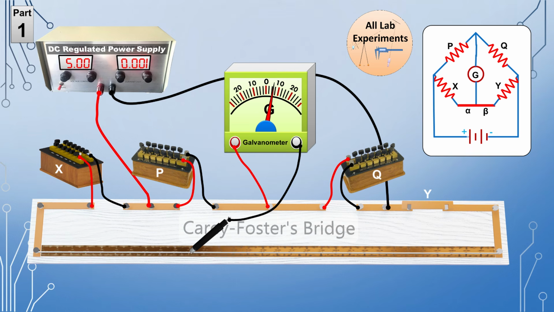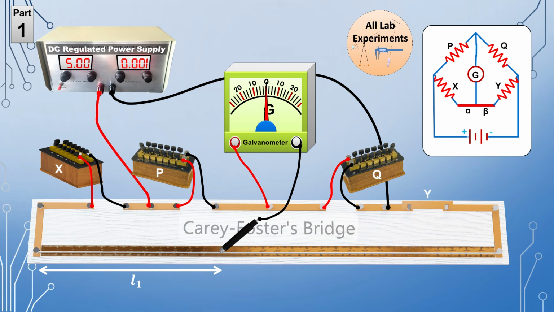You will see that when you place the jockey on the bridge wire, at some place it shows a clockwise deflection, and when you touch at some other place it shows an anti-clockwise deflection. So we can guess that there must be some point in between them where it shows no deflection at all. This is the stable point in this arrangement.